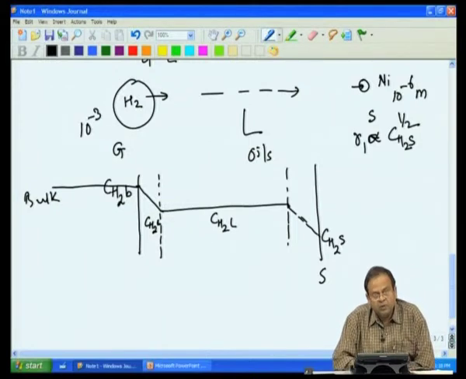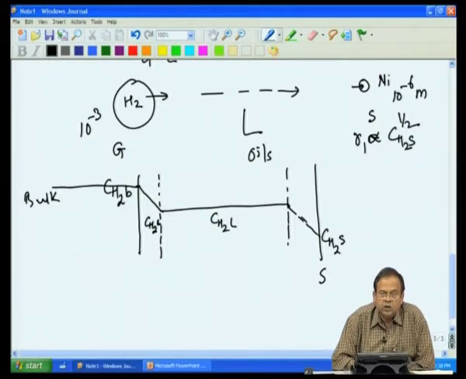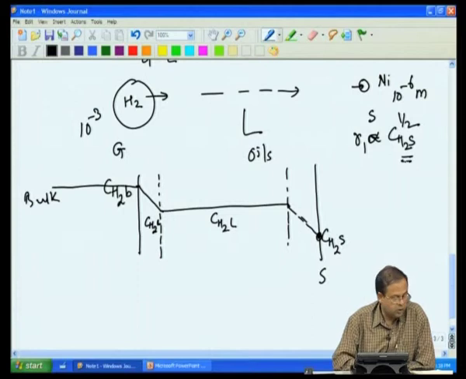So, the gas bubble is typically much bigger than the particle. The particle is really micron size. So, diffusion of oil in the nickel particle, as it is, will be a tough proposition. So, whatever reaction occurs at the surface of the nickel catalyst, the corresponding surface concentrations are what determine the kinetics.